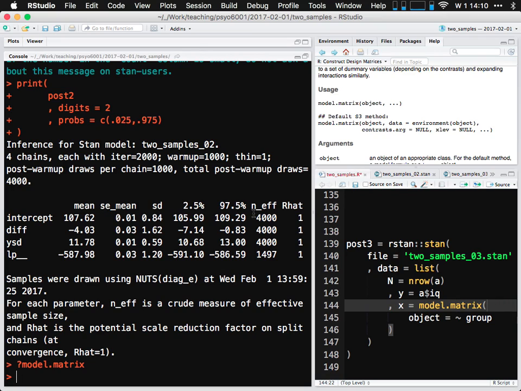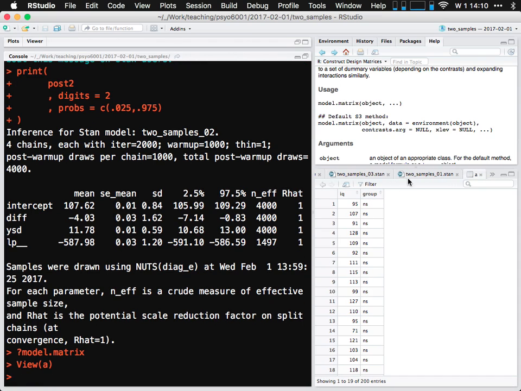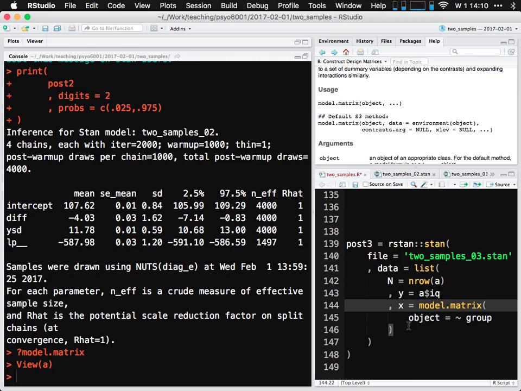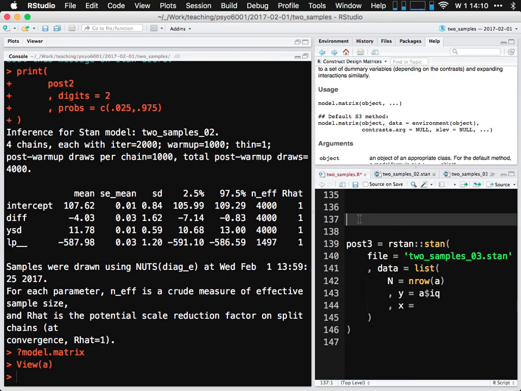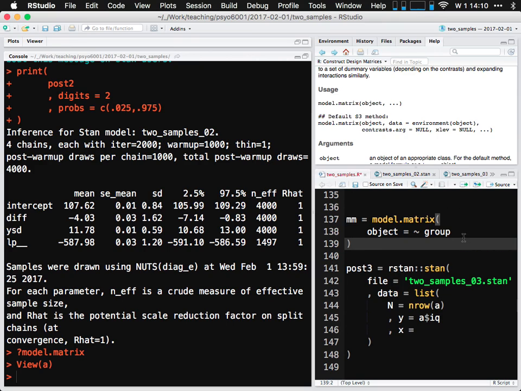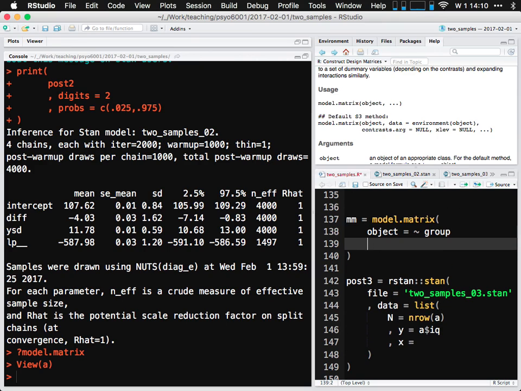I can't remember, so let's view A. Yes, there is a column called group. I'm actually going to create this outside here. I'll call it mm. I also need to give it a data argument so it knows what data set this is coming from.